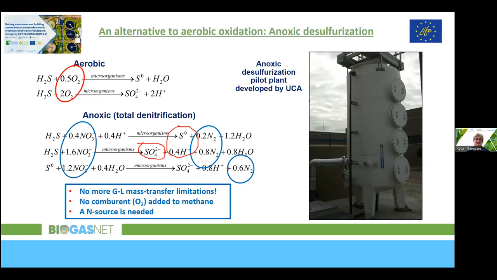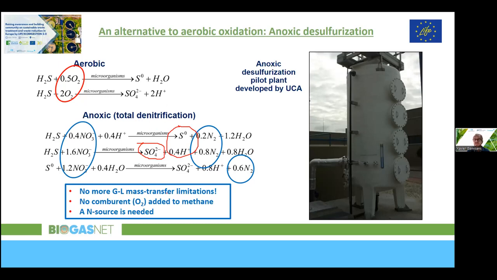With this procedure, we don't have gas-liquid mass transfer limitations anymore, because we don't have to transfer oxygen from the gas to the liquid phase. We are just using an already dissolved substance, nitrate or nitrite, for the process.